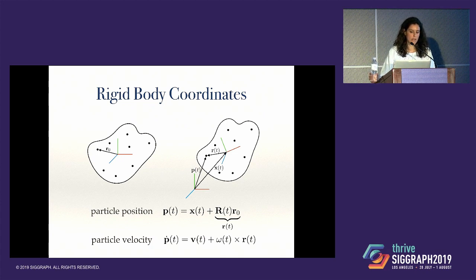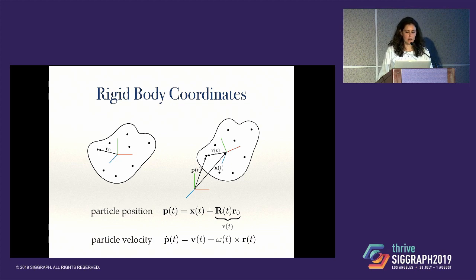So that way I can find where any given point on the body is at any given time. And to find the velocity of a point on the body, you can differentiate the above equation. You get this formula, v plus omega cross r, which you've probably seen before, for the velocity of a point on a body.